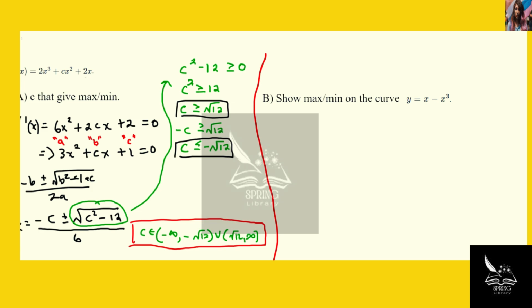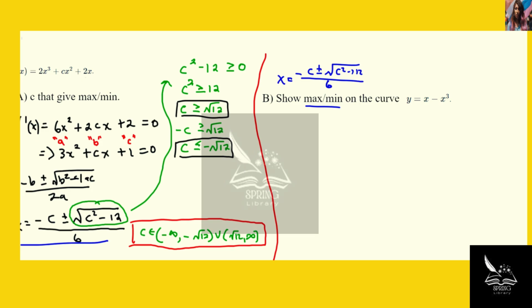All right. Now the next thing we want to do is show that these maximums and minimums lie on the curve. Remember, the max or min that we have is really this value over here: x equal to negative c plus or minus the square root of c squared minus 12, over 6.